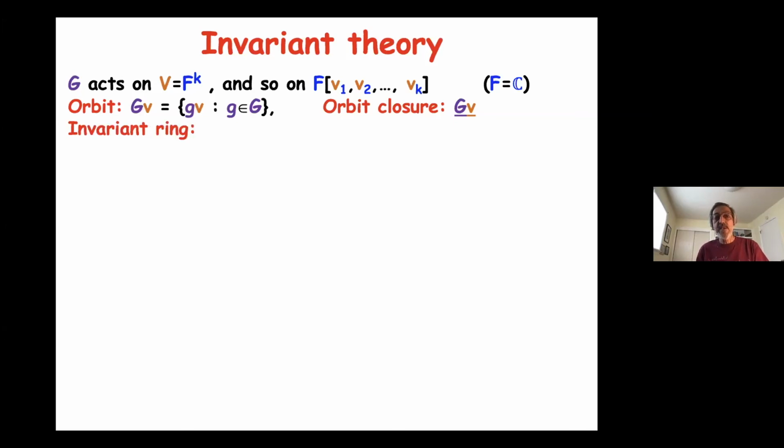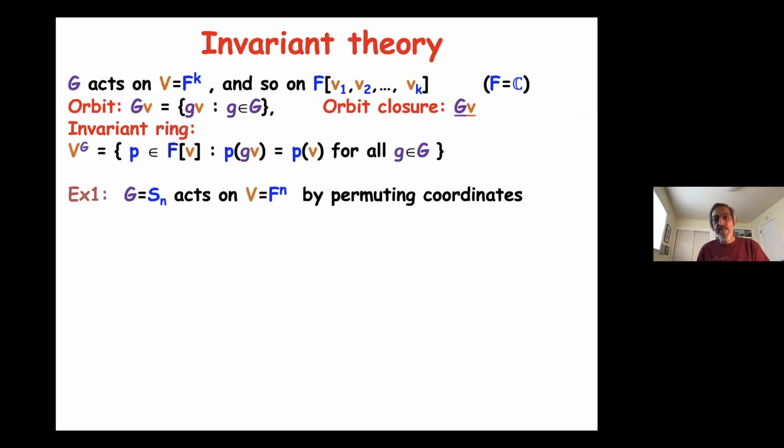The invariant ring is the ring of polynomials that do not change under this action. So if you apply a polynomial to anything in the orbit of v, you get the same value as when you apply it to v. And here are two examples that you know.